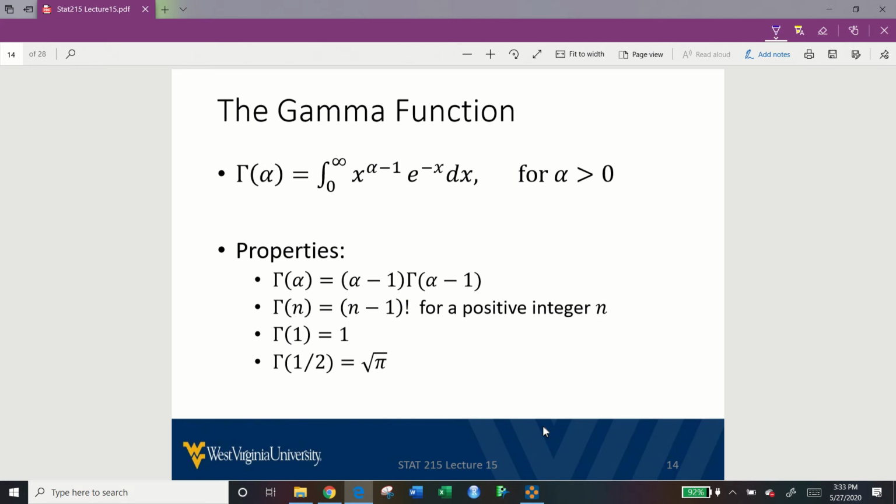Gamma of n, where n is a positive integer, is equivalent to the quantity n minus 1 factorial. And gamma of 1 is equal to 1, and gamma of 1/2 is equal to the square root of pi. These properties might be convenient for you to write down or even memorize.